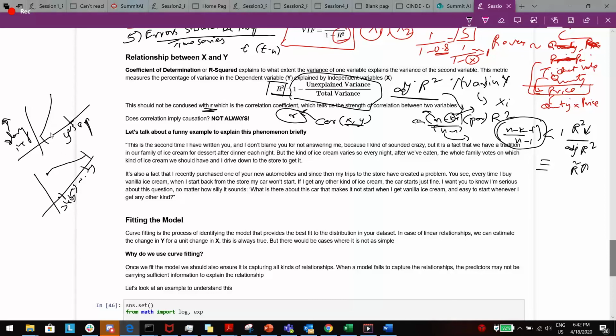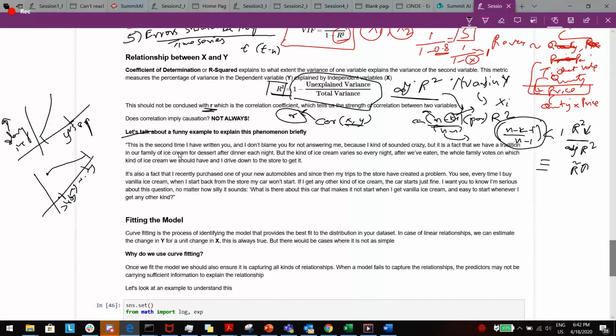So there is a correlation, but that may not necessarily explain causation. I'll give you a very good example, which I picked up from a famous story. One person who owned a car wrote to the head of an automotive company, or the vice president.